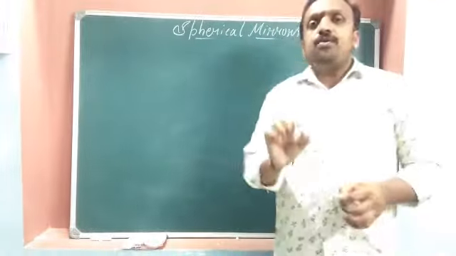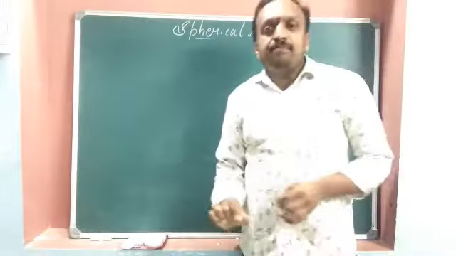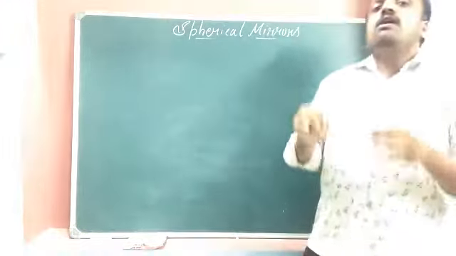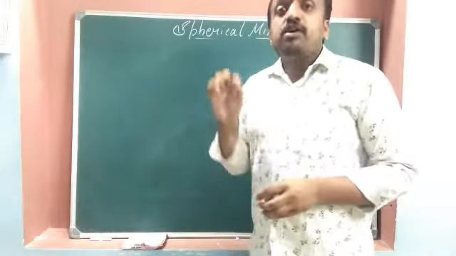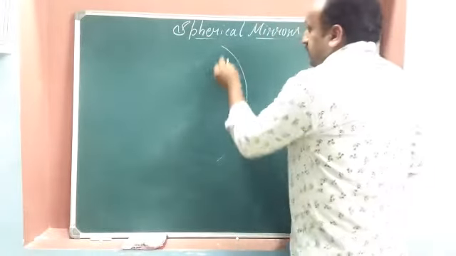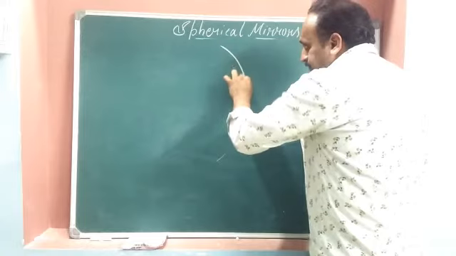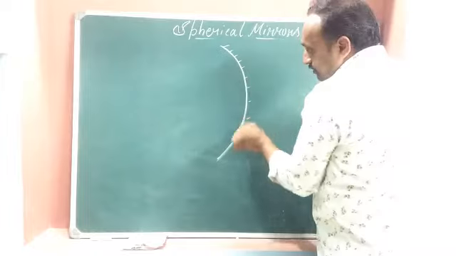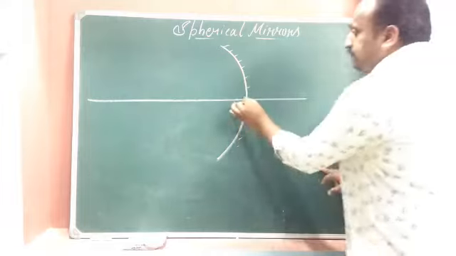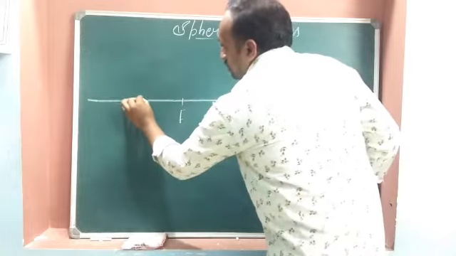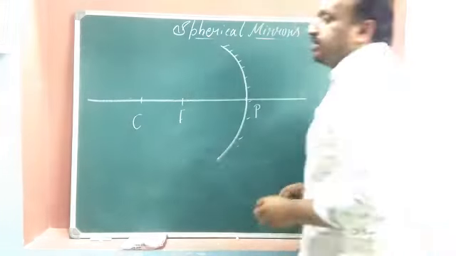Yes, students. Now, with one example, I am going to show you how we can draw a ray diagram with the help of a concave mirror. Imagine, I have written here a concave mirror, principal axis, pole, focus, center of curvature.